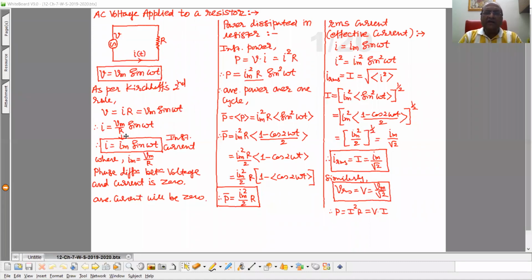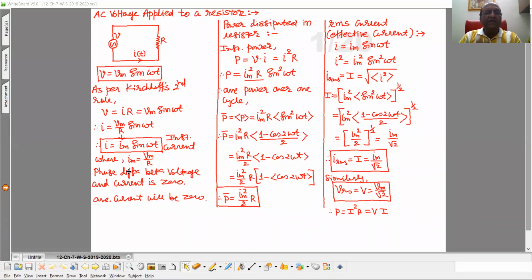So we can write I equals Vm by R into sin omega t. Now Vm by R is the maximum current in the circuit when the value of sin is 1. So we can write the equation now, I equals Im sin omega t, where Im is Vm by R. And this is the equation for instantaneous current.